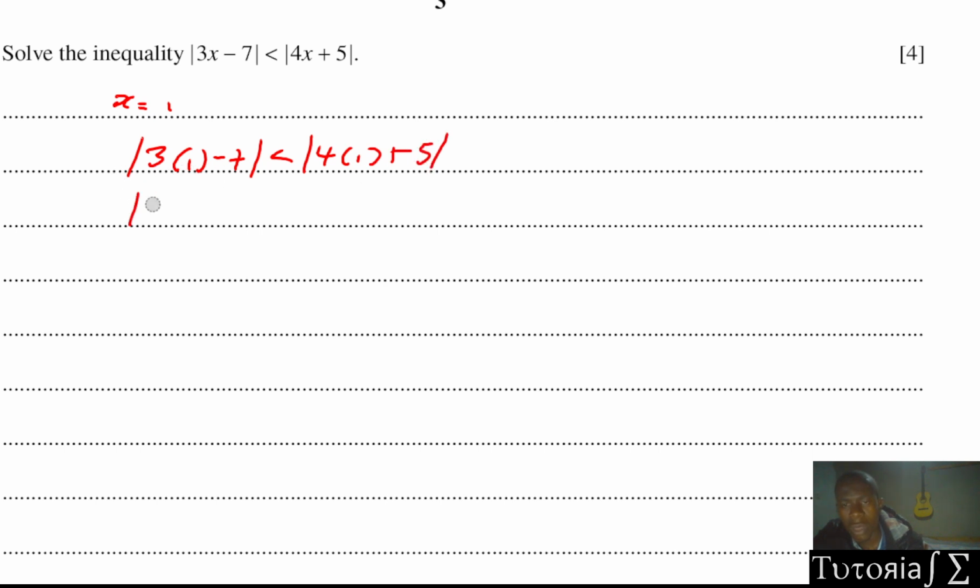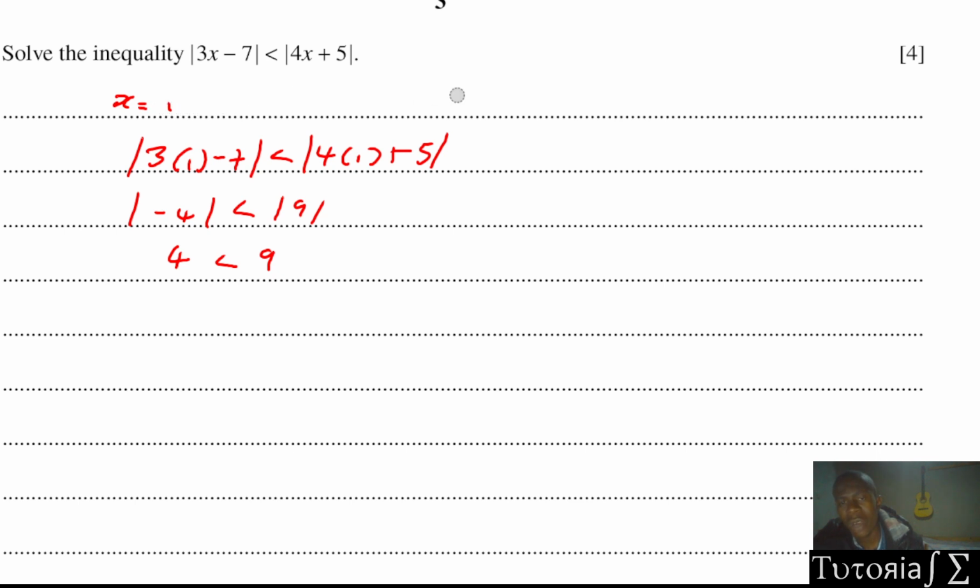This will be negative 4, that is 3 minus 7, modulus less than the modulus of 9. Negative 4 modulus is just 4, less than 9. So we see that x equals 1 satisfies this inequality, and it is part of the solution.